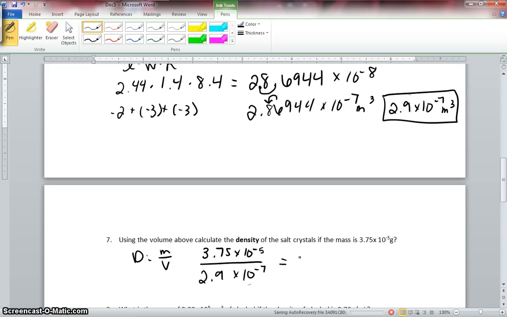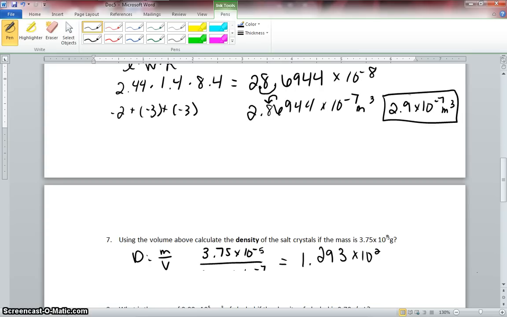So we're going to divide the two. 3.75 divided by 2.9 is equal to 1.293. And we go 5 plus 7, which is going to give us times 10 to the second.